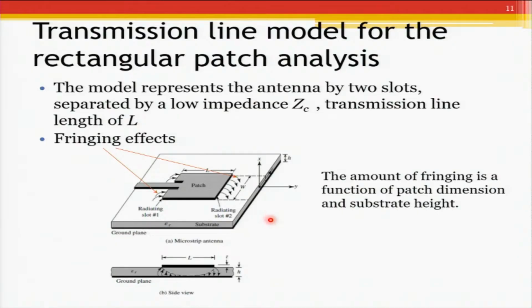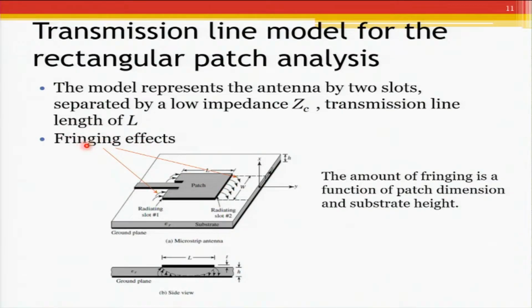Now, with this kind of rectangular patch analysis, one thing we have to understand is that, as I said earlier, we have to be aware of spurious radiation, and that appears here. This patch is exposed to the air, so the fuse leak to the outside, to the edge of the patch antenna.